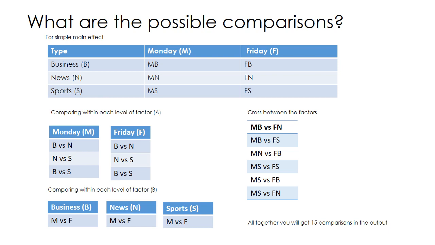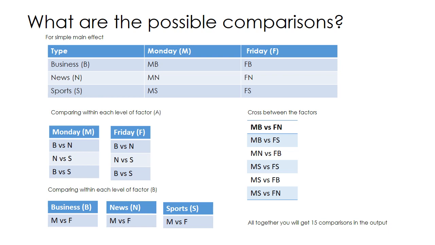So you are splitting by the column, factor A, but you can also split by business, by news, by sports. That is comparing within each level of factor B. So what are the levels in factor B? Factor B is the type of program. How many levels do we have?